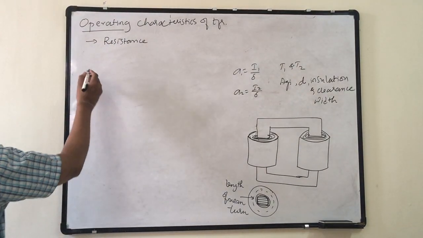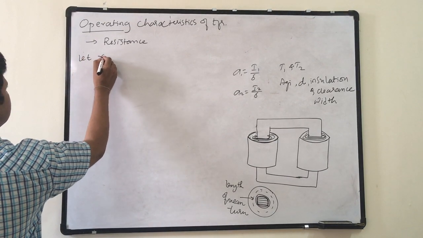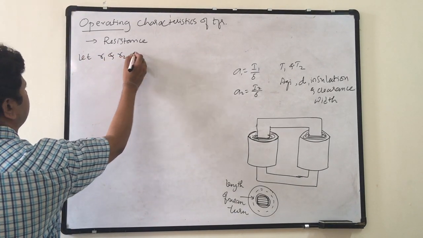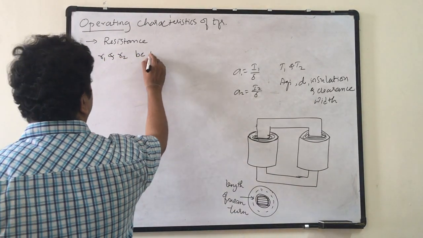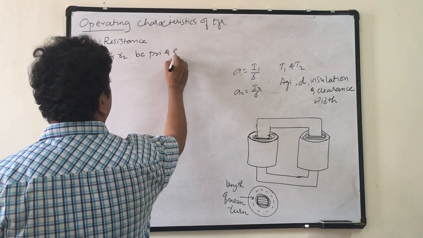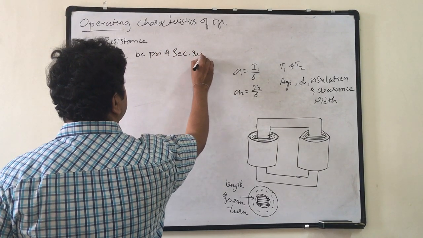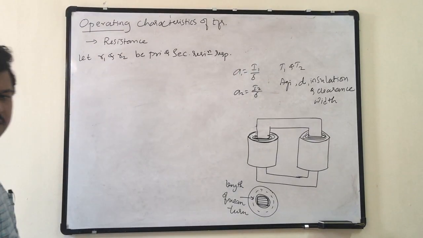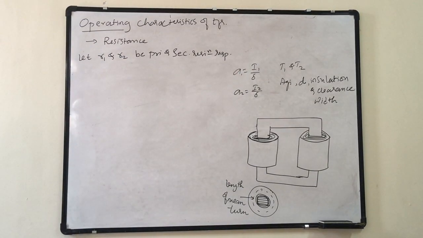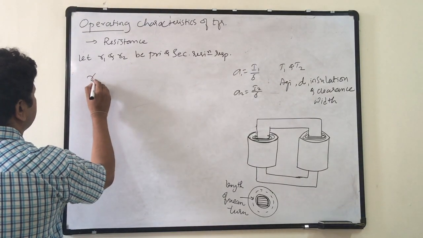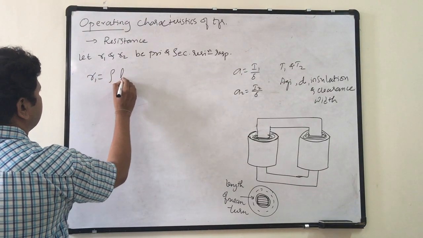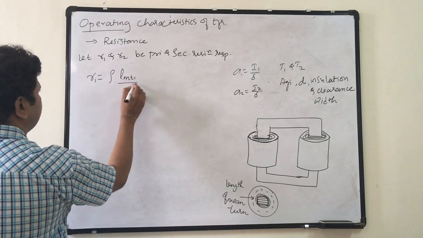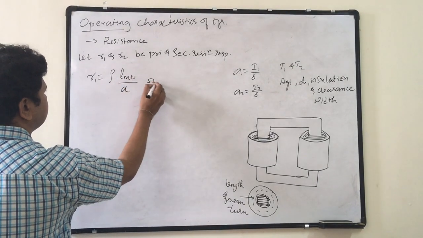Let R1 and R2 be the primary and secondary resistances respectively. Therefore R1 is given by rho LMT1 divided by A1 ohms.